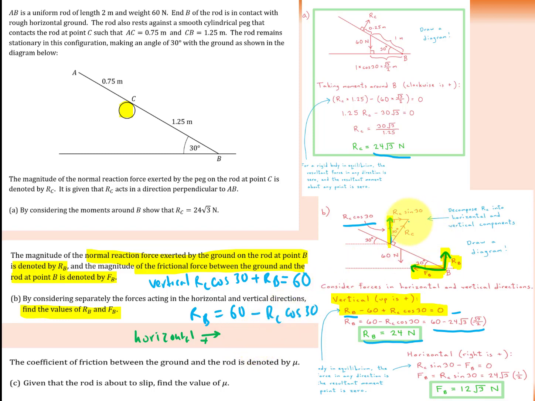But what have we got horizontally here? RC sine 30. So we're going to get RC sine 30 is going to equal FB. Hence you can see how they get this line. RC sine 30 minus FB equals 0.